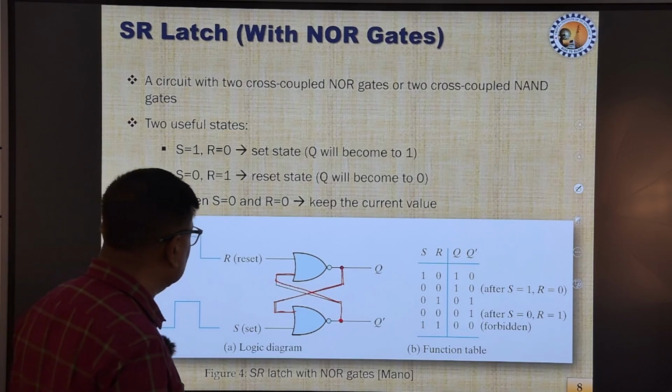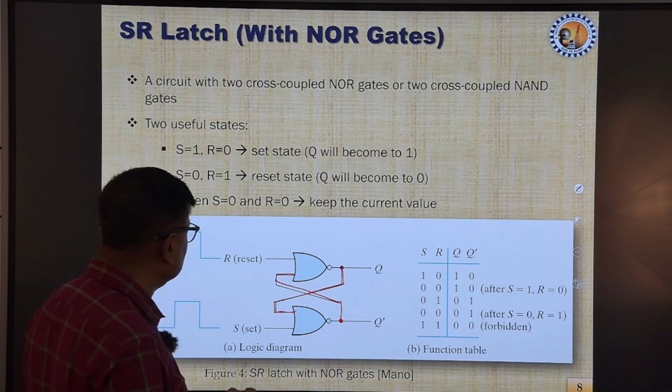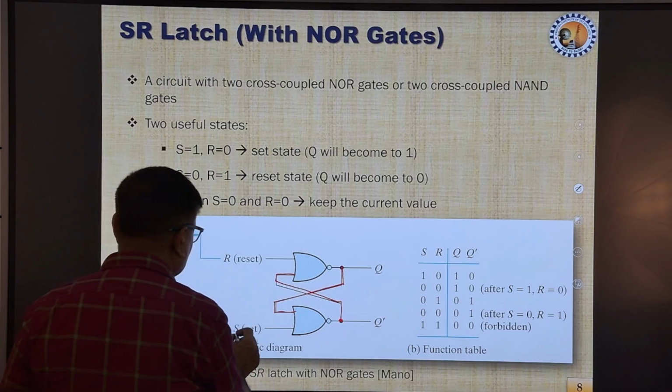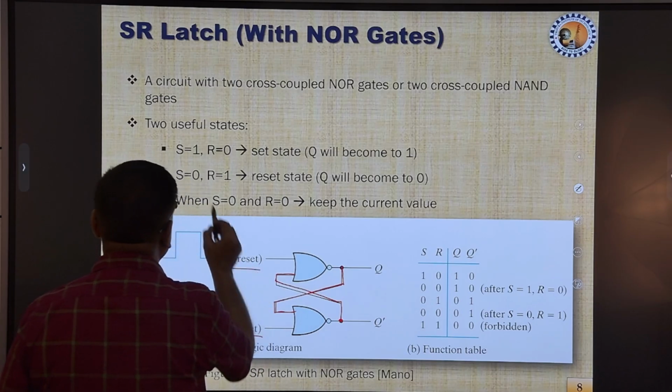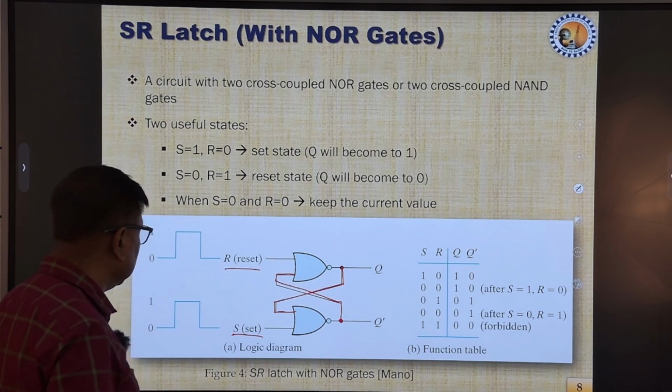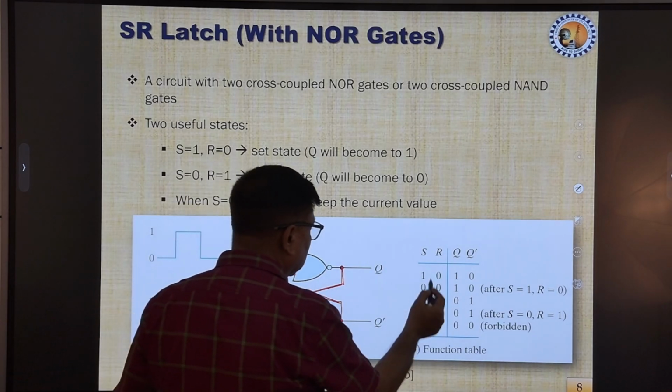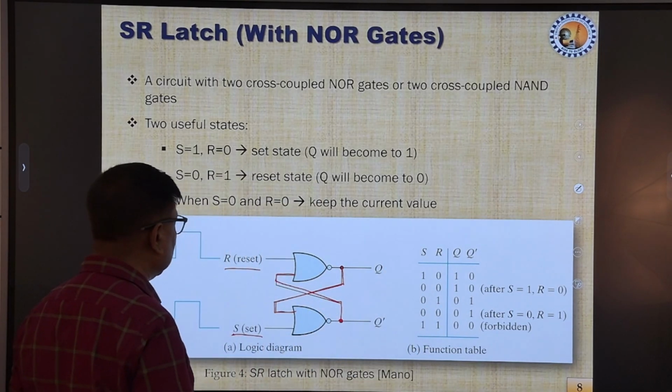So with this understanding, we proceed to understand the function of the NOR latch, as the two inputs are called set and reset. From the name itself, this is a set reset latch, and this is the function table or truth table, as we can see.